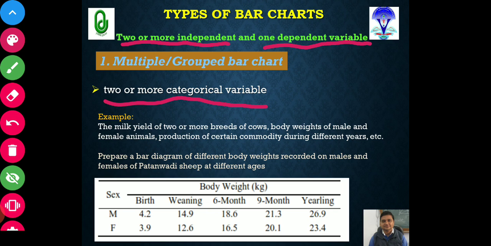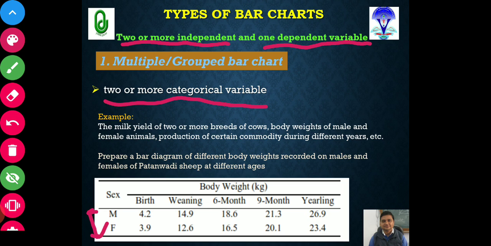Here is one example: prepare a bar diagram of different body weights recorded on male and female Patanwadi sheep at different ages. Here male and female are the two categorical variables, and body weight is the dependent variable.